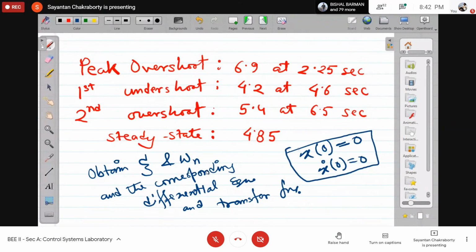They have assumed that they have not put any initial conditions, right? So you have to find out zeta and omega n from this data and the corresponding differential equation, and from that obviously you can obtain the transfer function, right?